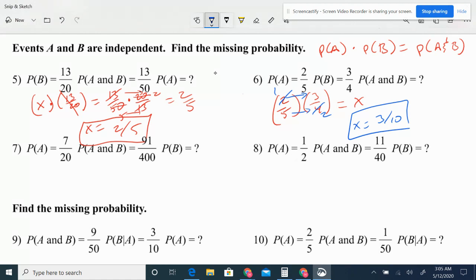Now let's take a look at number 7. Probability of A is 7 over 20. Probability of B, I don't know what it is, so I'm just going to call it X. Probability of A and B is 91 over 400. All right, I'm going to divide by 7 over 20, but that's basically saying I'm going to multiply by 20 over 7.